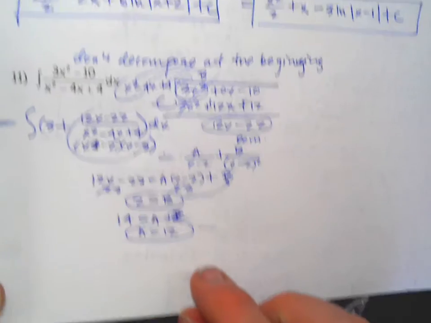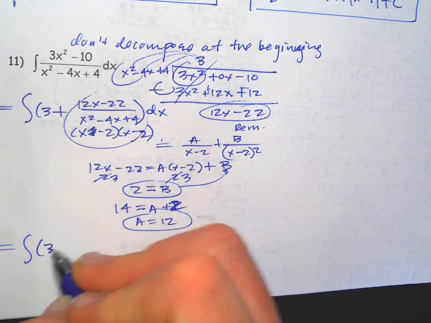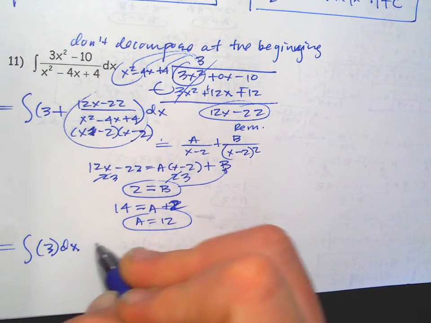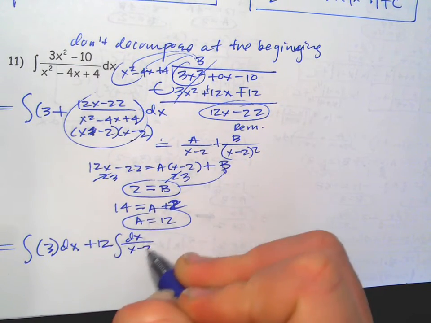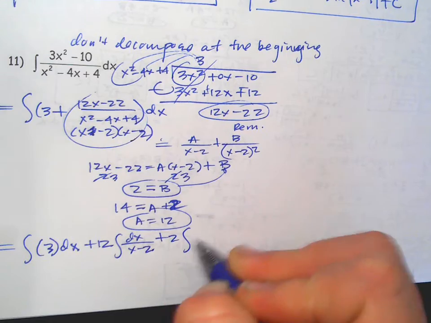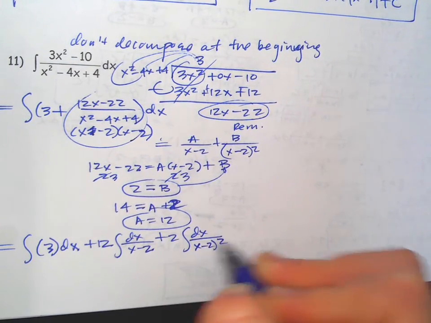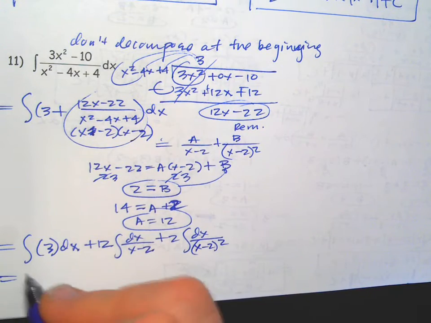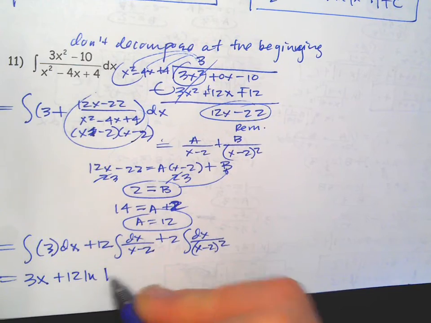So now we're ready to integrate. 3 dx plus 12 dx over x minus 2 plus 2 dx over x minus 2 squared. This is going to be 3x plus 12 natural log of the absolute value of x minus 2.